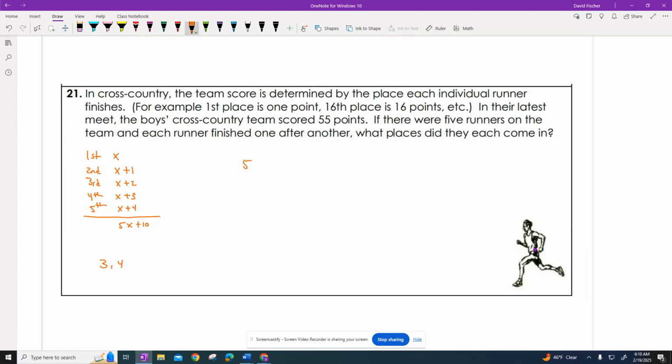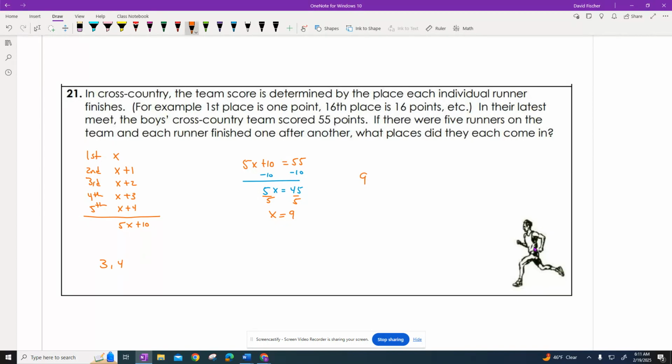So now let's do 5x plus 10. And they said they got 55 points all together. So let's get rid of that 10. Let's get rid of that 5. So x equals 9. So what places did they come in if they were going to get 55 points?